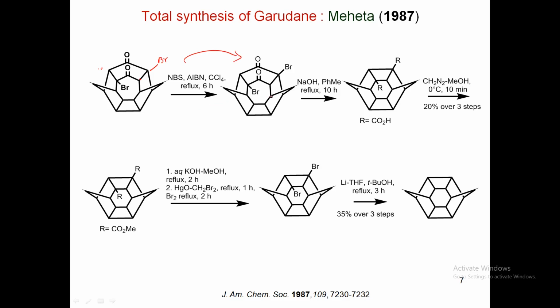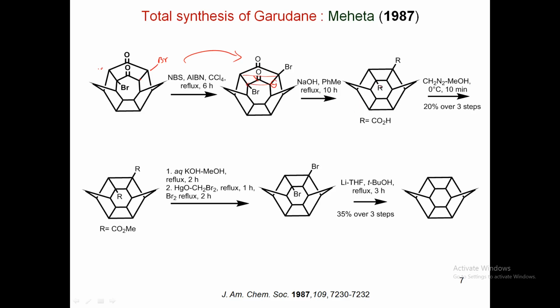Now in this condition, we all know this is a Favorskii reaction: elimination followed by cyclopropanone formation and ring contraction. So the well-known Favorskii reaction they have done, and they have generated the ester, or acid you can say.